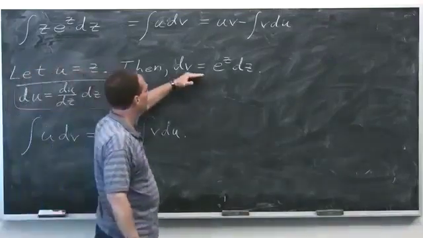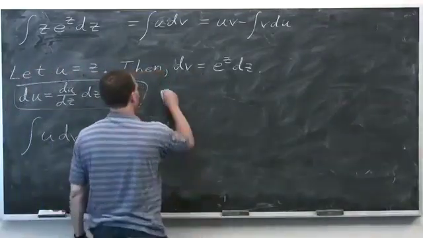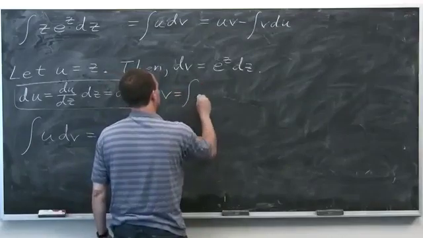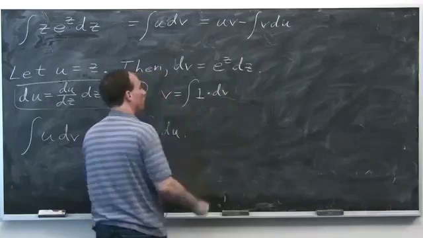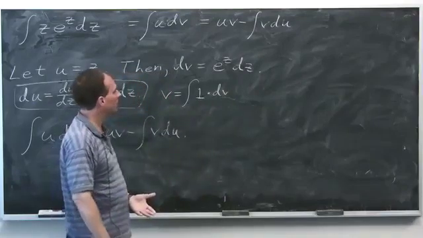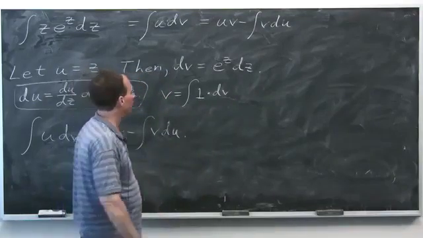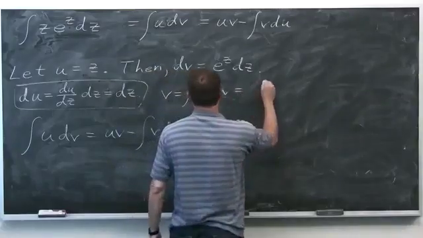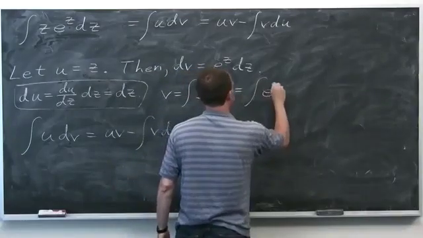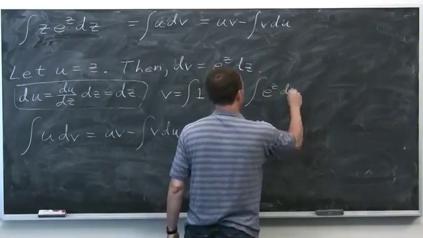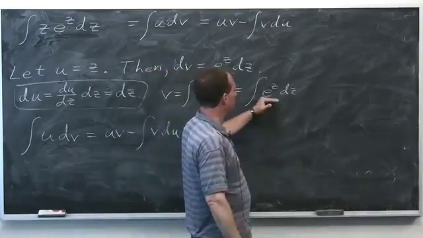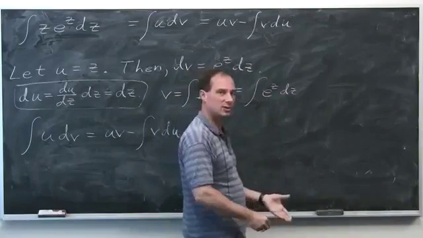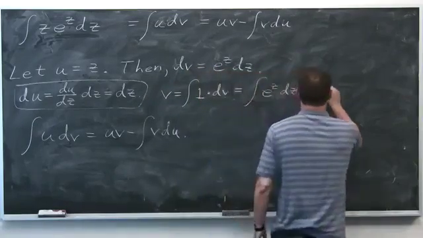Okay. What about v? Well, v is the antiderivative of dv, which means it's the antiderivative of e to the z dz, or the antiderivative of e to the z with respect to z. What's a function whose derivative with respect to z is e to the z? e to the z.